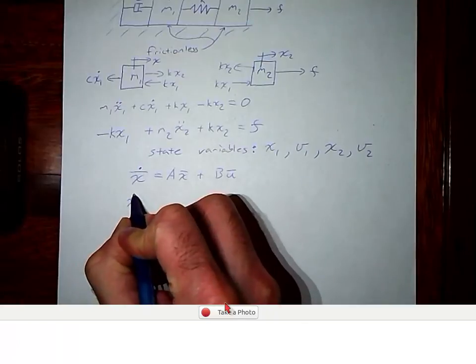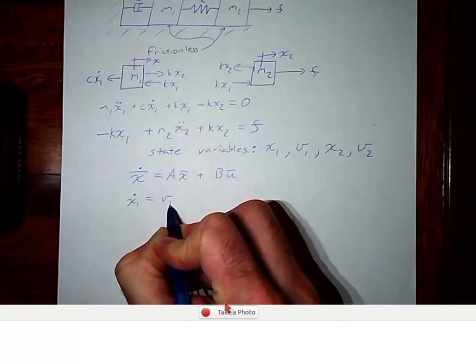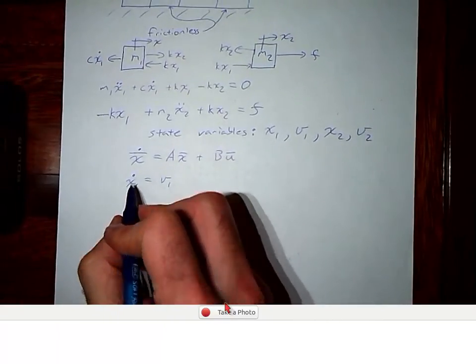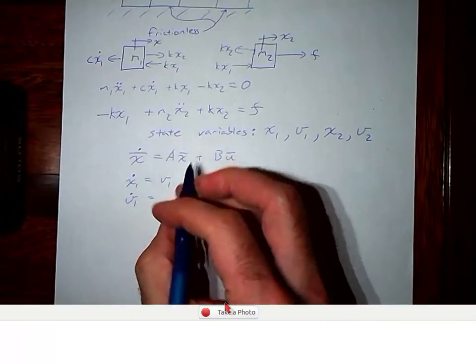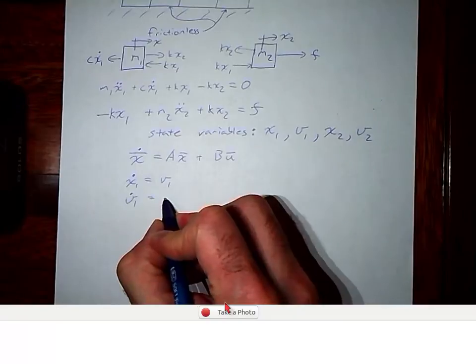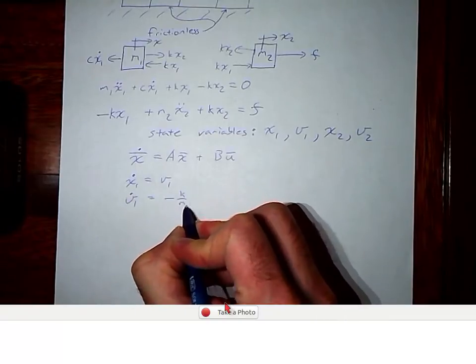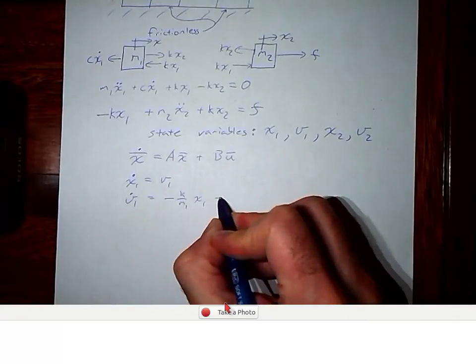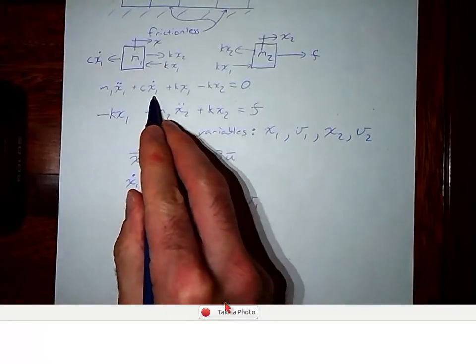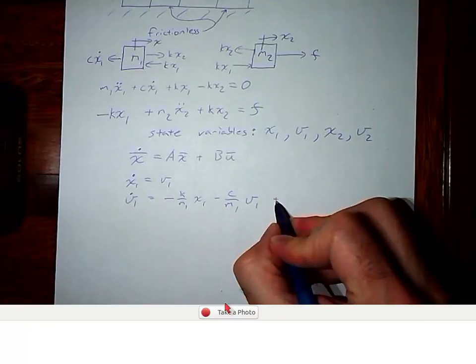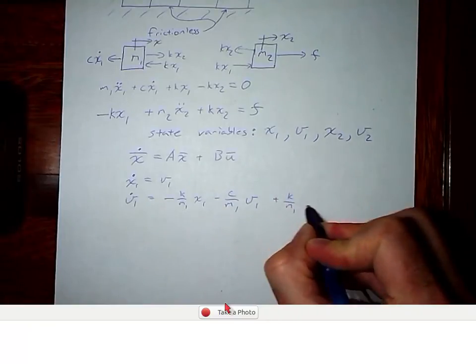So x1 dot is v1, and v1 dot, which is x1 double dot, is negative k over m1 x1 minus c over m1 v1, which is x1 dot, plus k over m1 x2.